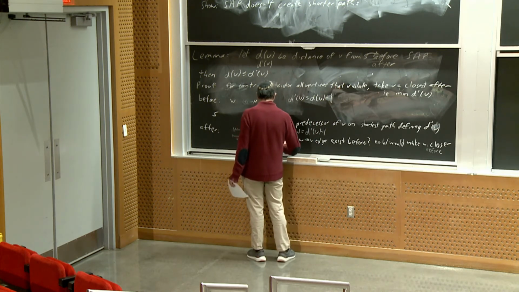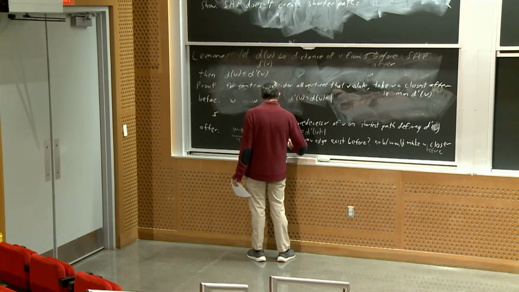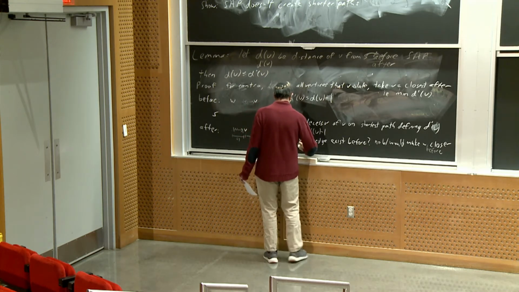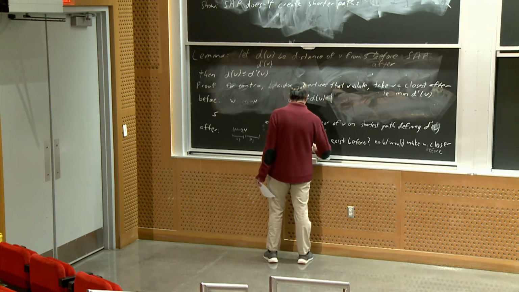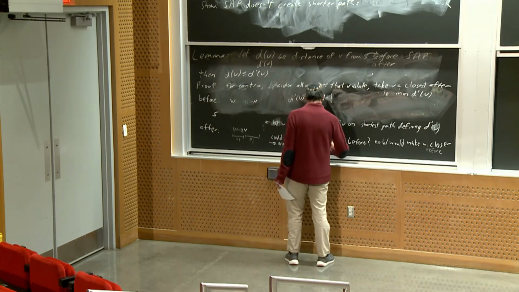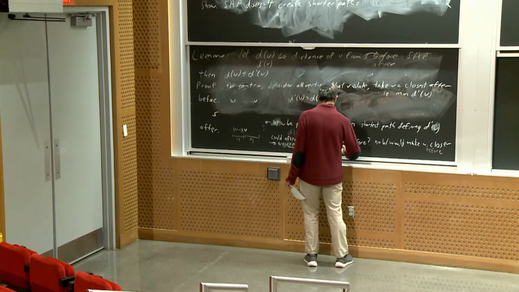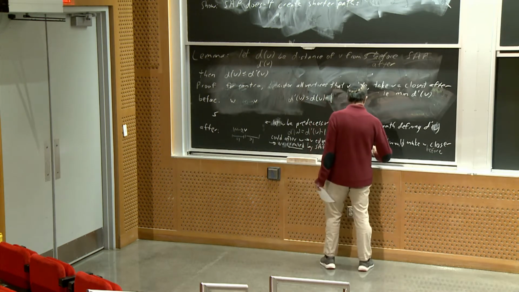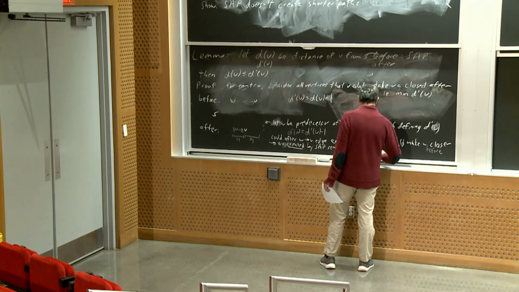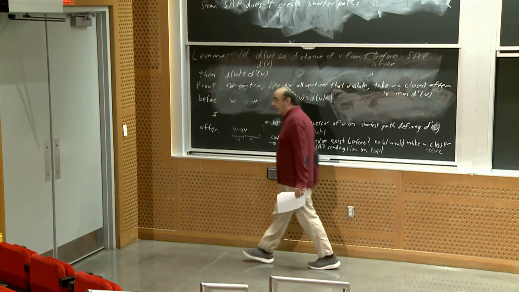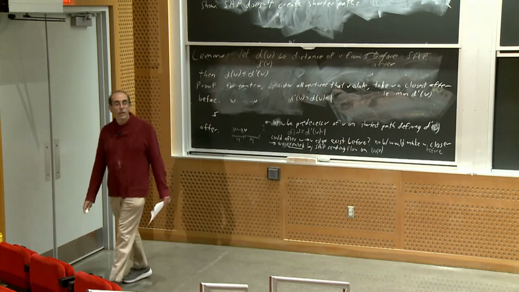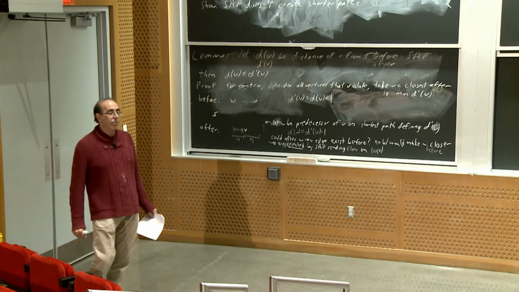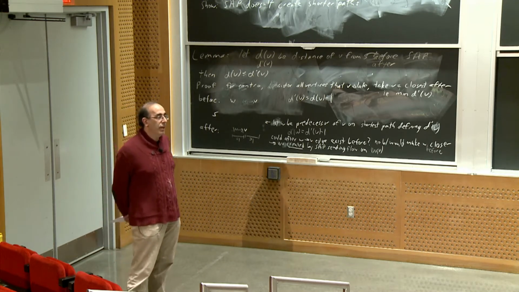So we can conclude that WV was created by the shortest augmenting path sending flow on the edge VW. Okay. Now, could the shortest augmenting path send flow on the edge from W to V?